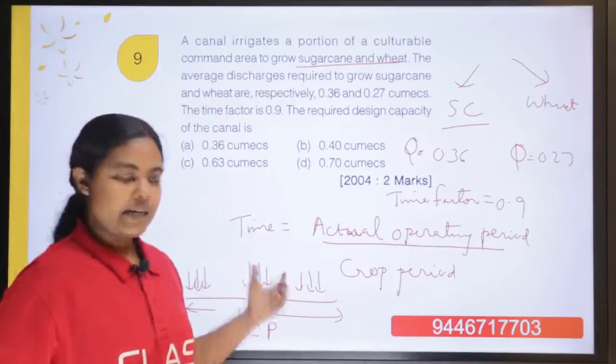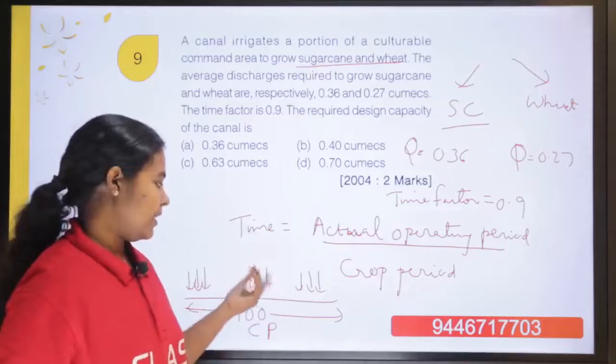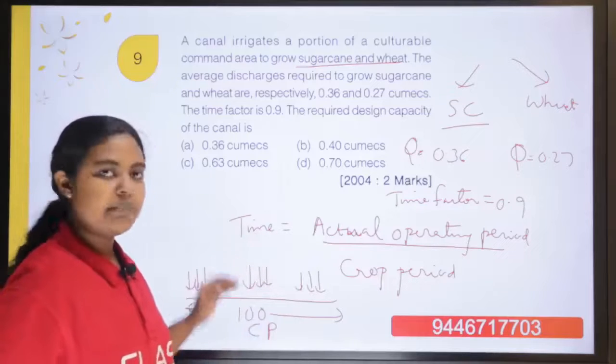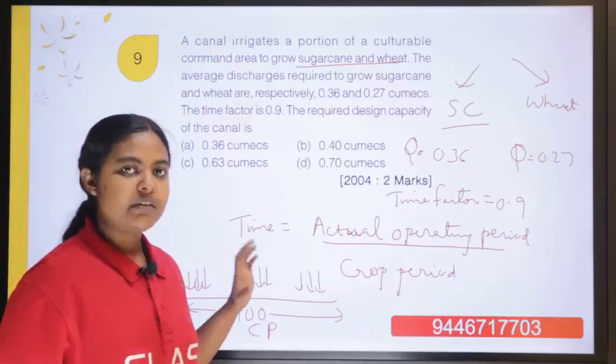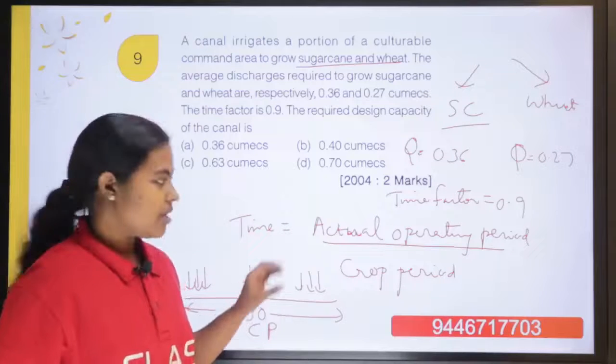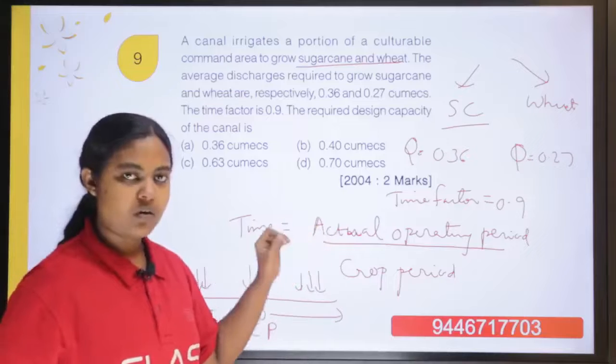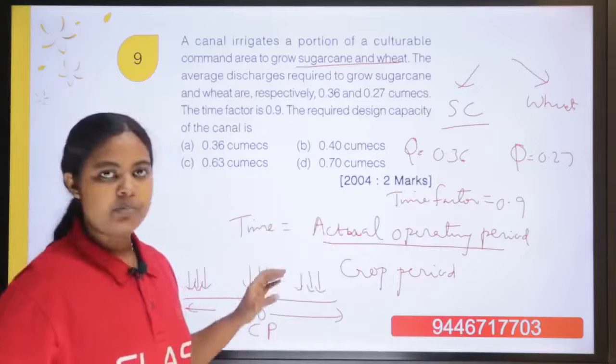Then the time factor will be 9 by 100. So this time factor will always be less than 1, because the actual operating period is always less than the crop period.